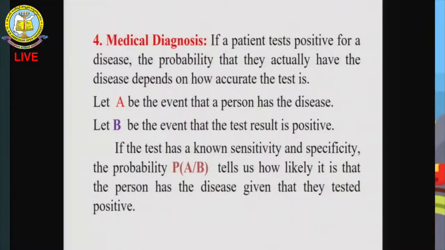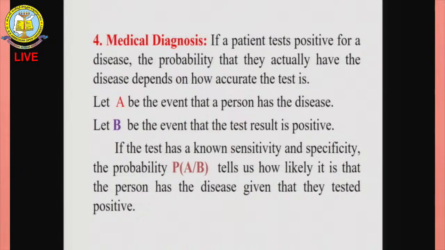In terms of the medical field, sir already said this. These are a few examples where we apply conditional probability. The foremost important application is medical diagnosis. Here also we can apply the conditional probability concept. Our statement is: if a patient tests positive for a disease, the probability that they actually have the disease depends on how accurate the test is.